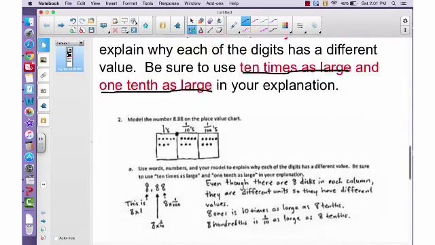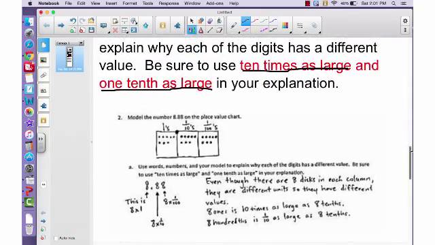Here's an example of what you could have written on your assessment to get this correct. Here they show you the place value discs. They modeled 8.88 or 8 and 88 hundredths and said an 8 in the ones place is really 8 times 1. So they're using their words to explain why each of the digits has a different value.